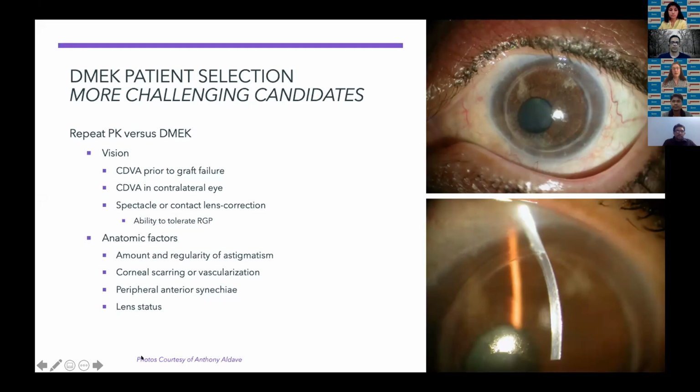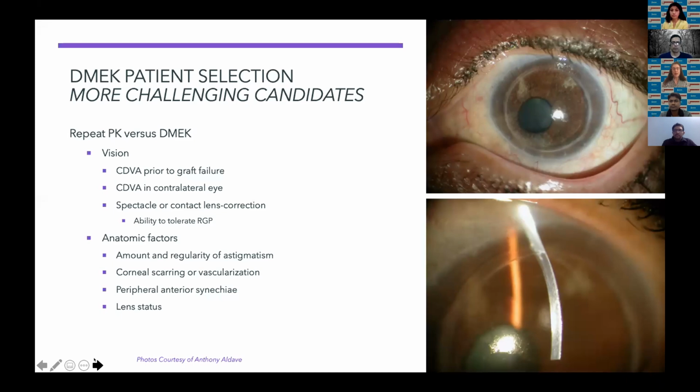If the patient has a previous PK but has a lot of astigmatism and irregular cornea, that may be someone where you just want to repeat the PK, because if you have a very irregular cornea, the DMEK graft won't help you necessarily there.